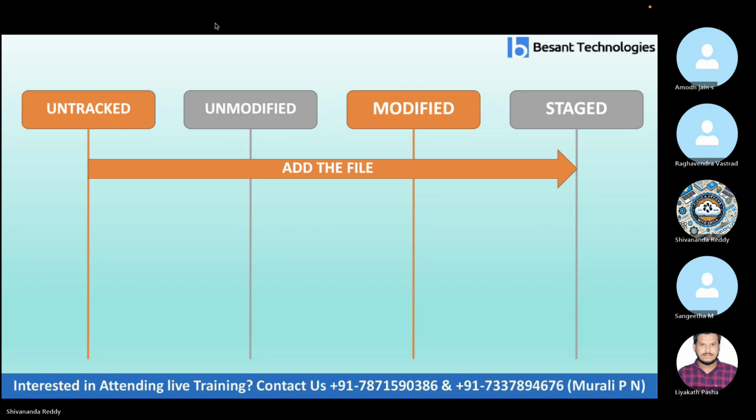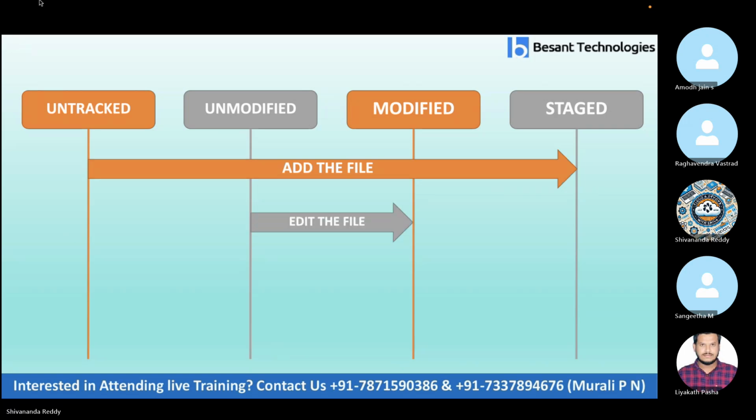Now, when you create the file, that file will be in the untracked list. Remember, guys, tracking and untracking are opposite words. Tracking means Git knows; untracked means Git doesn't know. When you create the file, Git doesn't know about the file. So you use some commands to make Git know about this particular file.